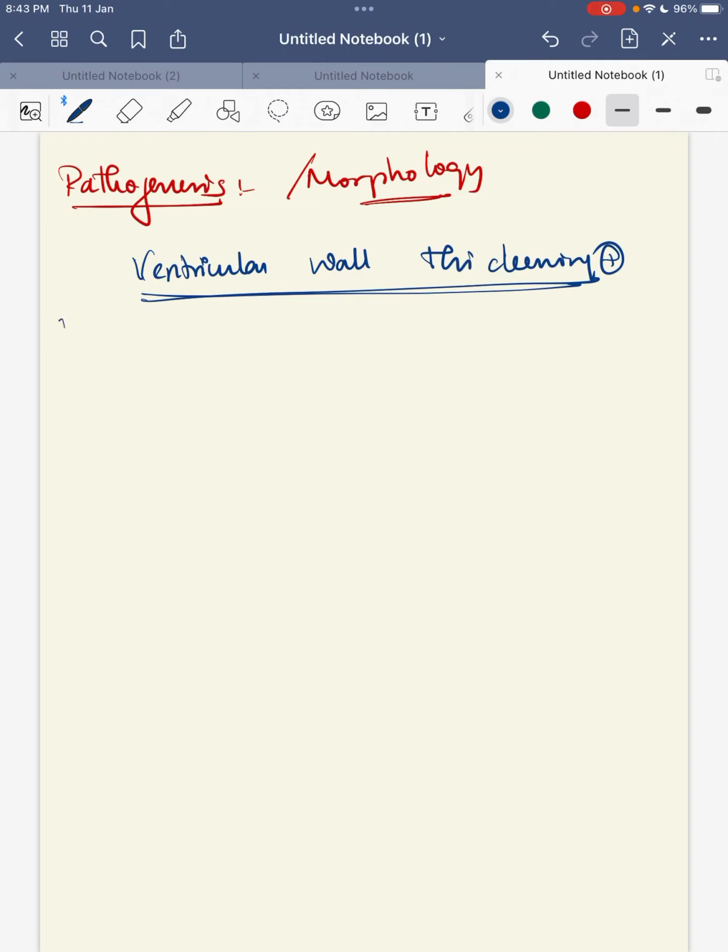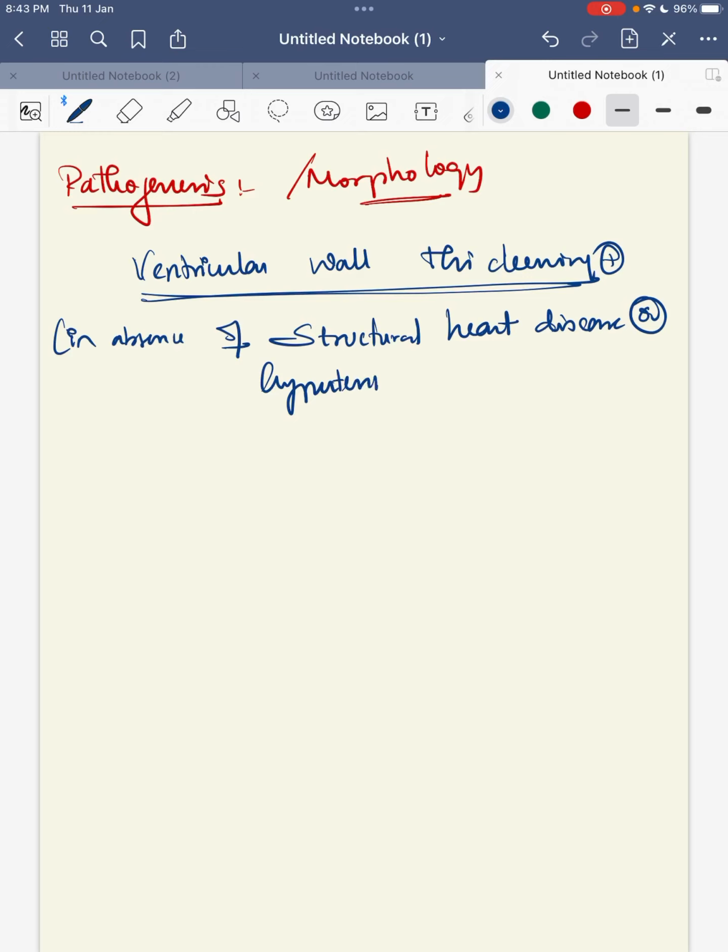So you have to write the ventricular wall thickening will be present in the absence of structural heart disease or hypertension, because in adults hypertension can present with ventricular wall thickening. So ventricular wall thickening will be present in the absence of structural heart disease or hypertension.